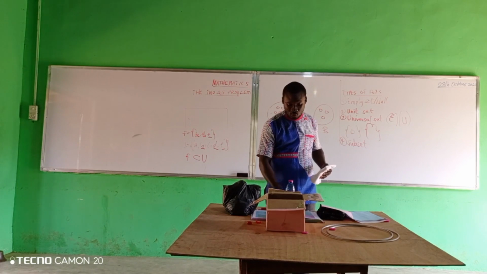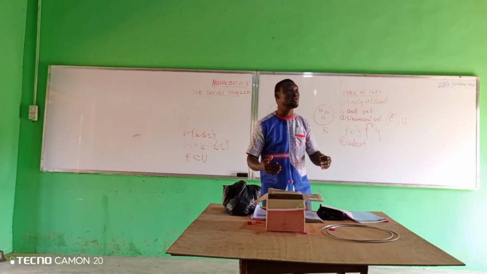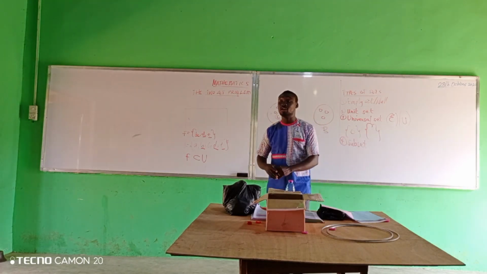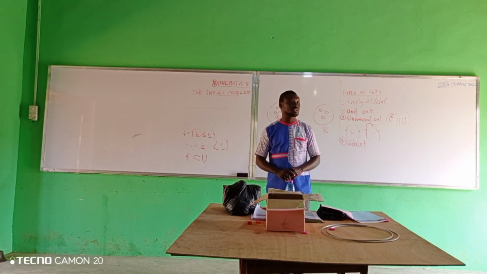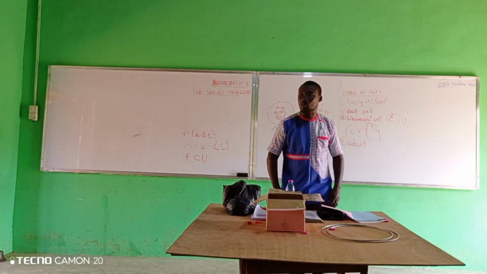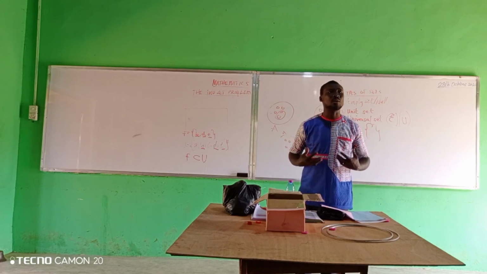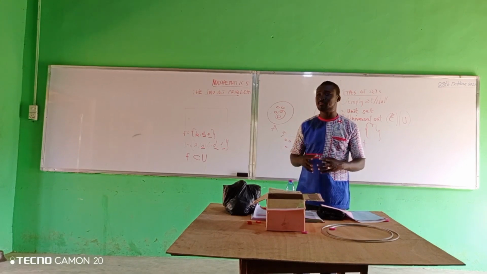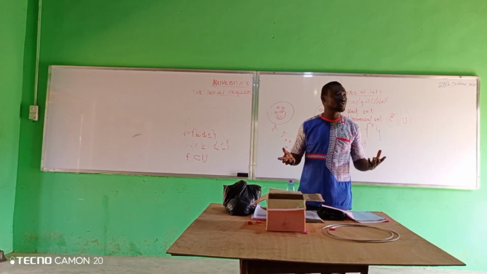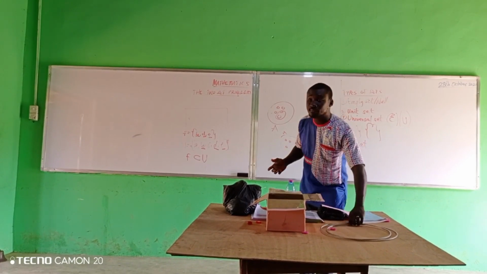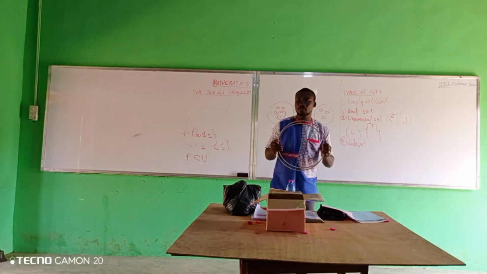Okay, if no question, then we are going to shift our focus to the two-set problem, or the two intersecting sets. Now, how can we describe a two-set?